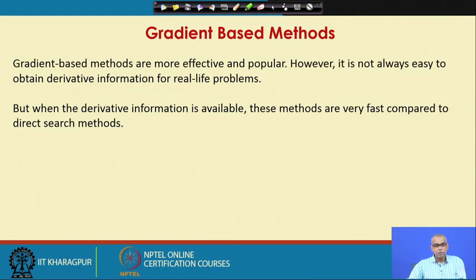The gradient based methods are more effective and more popular. However, it is not always easy to obtain derivative information for real life problems, because objective functions in a complex real life problem will not be simple analytical functions like the ones we are discussing in these lectures.